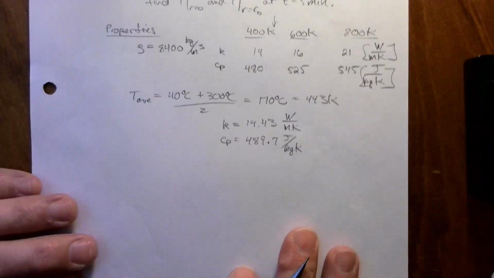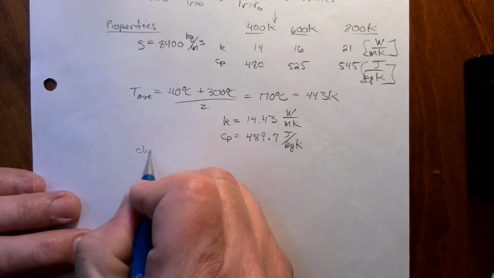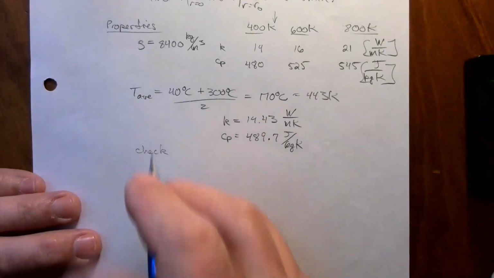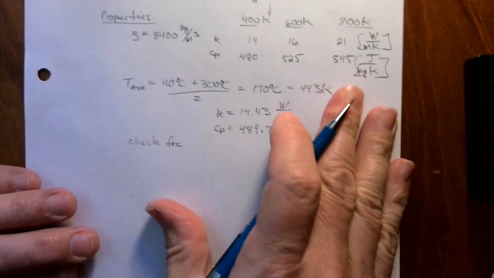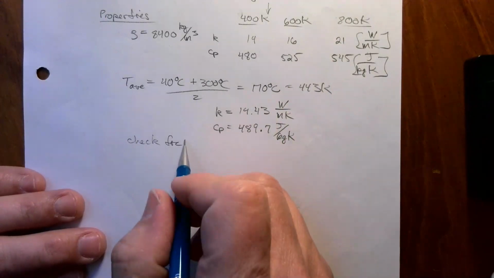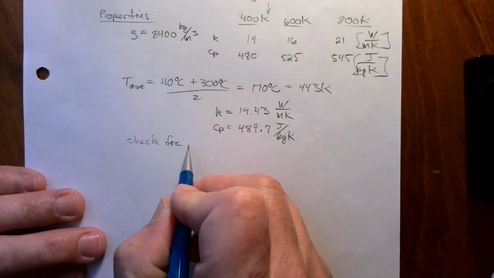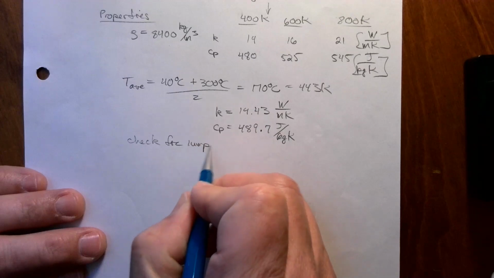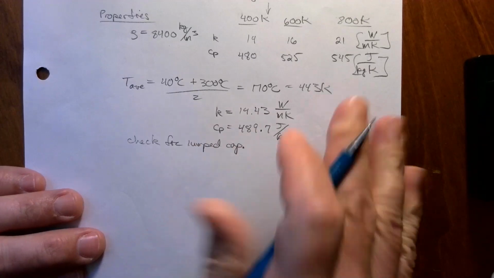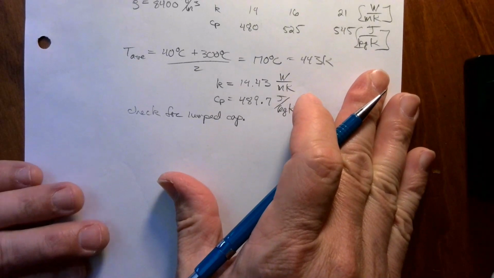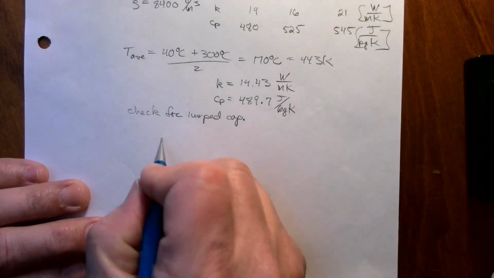Okay, so now we need to check for lumped capacitance. We don't expect it in this case, since I'm working an example with a spatial variation, but still check for lumped capacitance. If we can get away with that, then we would still use a lumped capacitance analysis.